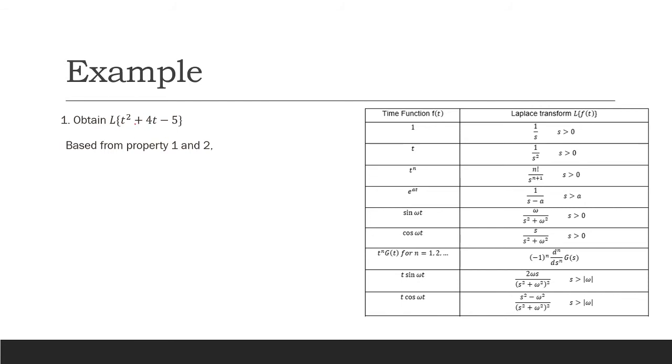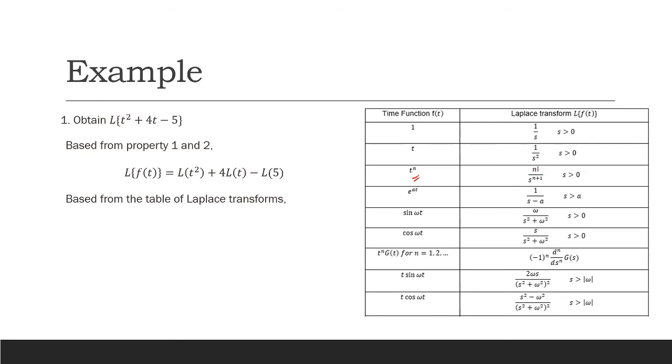And pwede mo ilabas yung 4 kapag ilalaplace mo yung t. So we will arrive at the Laplace of t squared plus 4 Laplace of t minus Laplace of 5. So, from the table of Laplace transforms, hanapin muna natin, we have Laplace of t squared. So, ito siya. So, we have t raised to n.